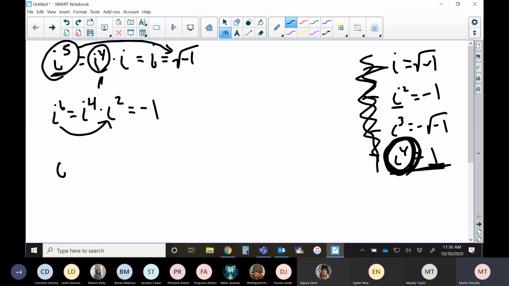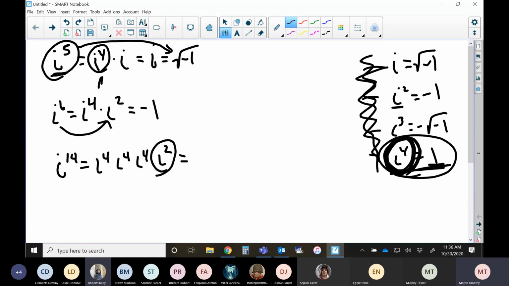Because i to the 14th, remember, we're going to write using i to the 4th as many times as we can. So that's i to the 4th, i to the 4th, i to the 4th, i to the 2nd. Right. So really, what is i to the 14th? It's really the same thing as -1.